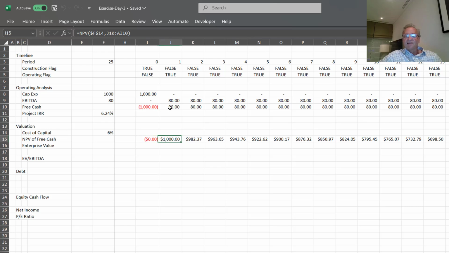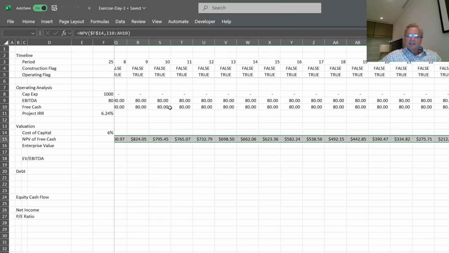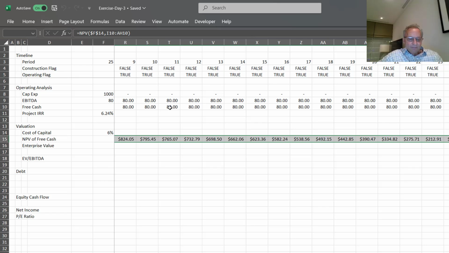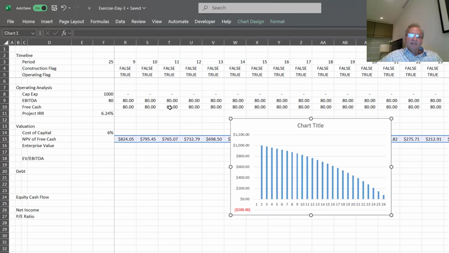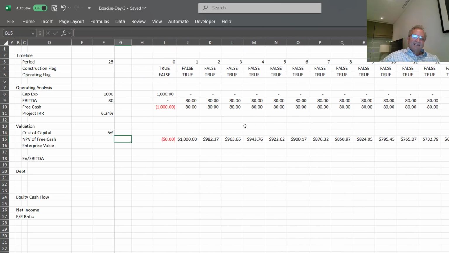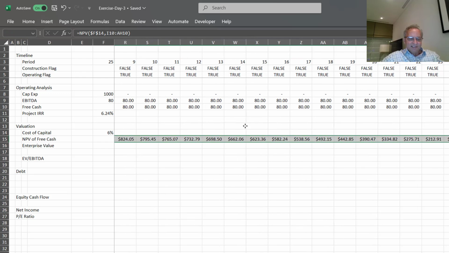And now if we make a little graph of this, I'll press alt and F1 to make a little chart. The value of our cash flow goes down as we get old. It's what happened to me, although I never had a very high value anyway, because I never had high cash flow, because I don't know how to charge people for anything. I'm an idiot.